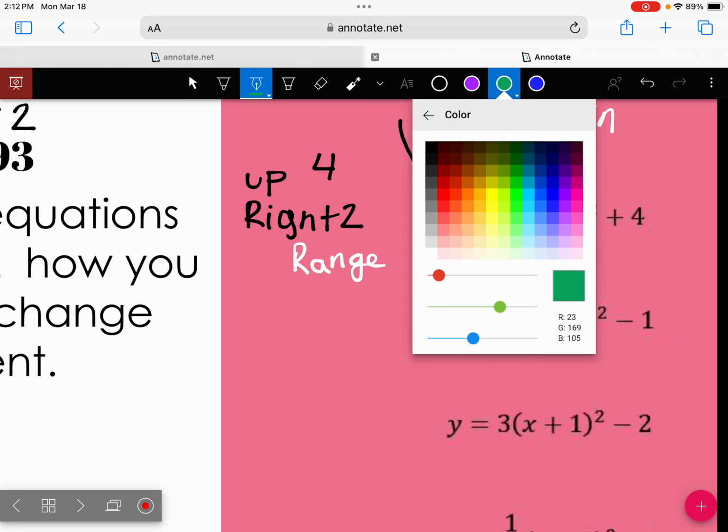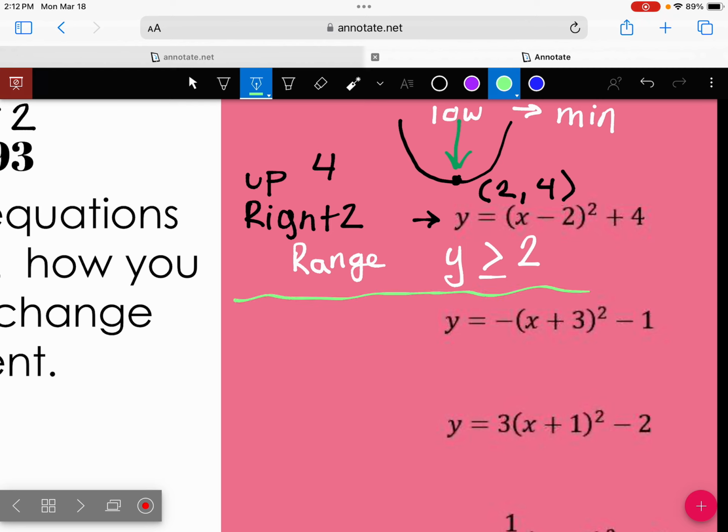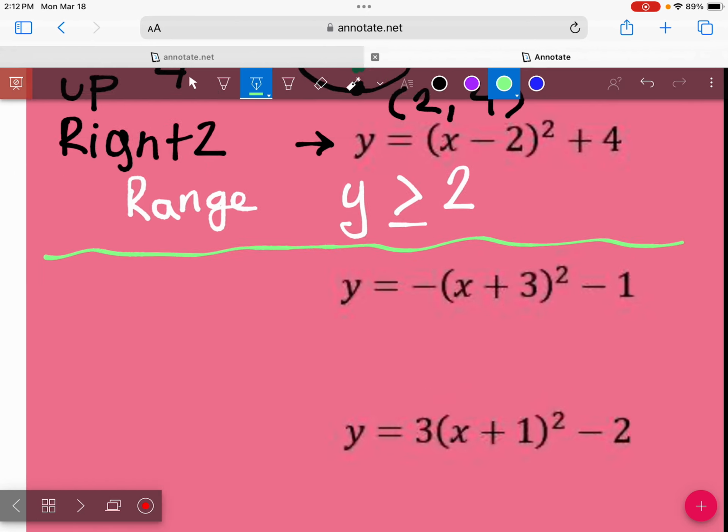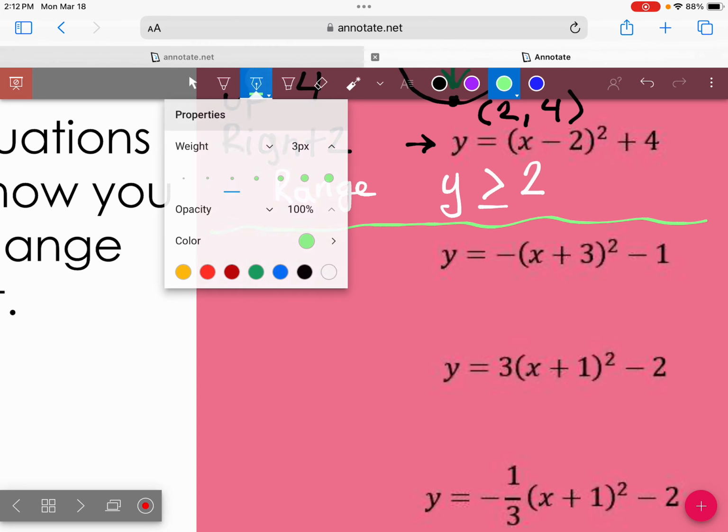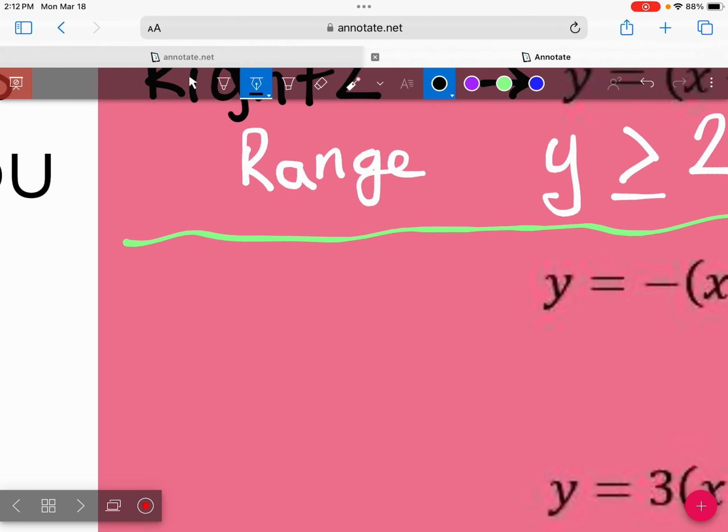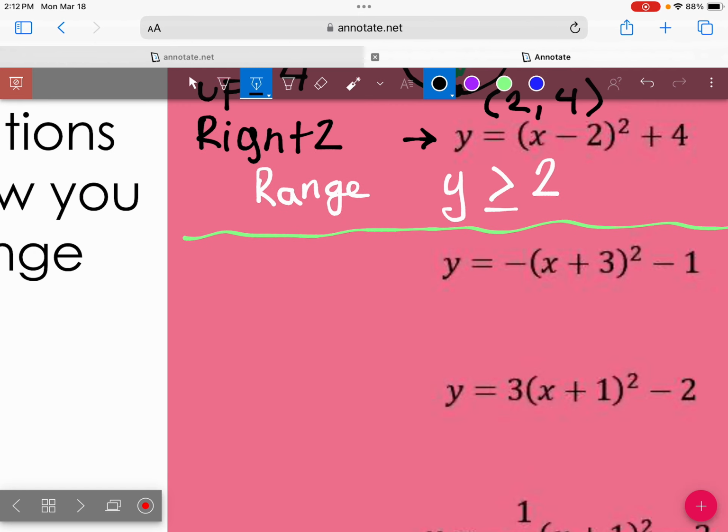Let's look at the next one: y equals negative (x plus 3) squared minus 1. Same vibe. What are our transformations here? What do we know? It's been moved down 1. My k is minus 1. It's been reflected because of this A. How about my h?